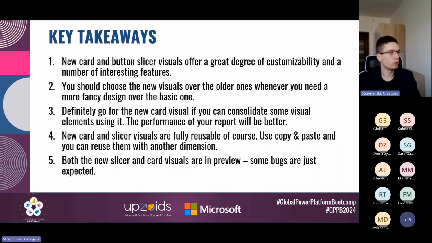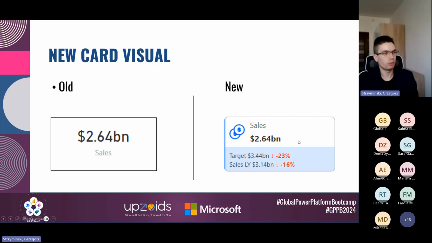Third key takeaway. The new card visual offers a great degree of optimization that can yield better report performance and loading time if you consolidate the infographics into it. So let's go back to here, for example. If you are building infographics like this using individual visual elements, you can now have them in one visual. It will be much faster to load for your user, and the user experience will be much better since it will just be faster.